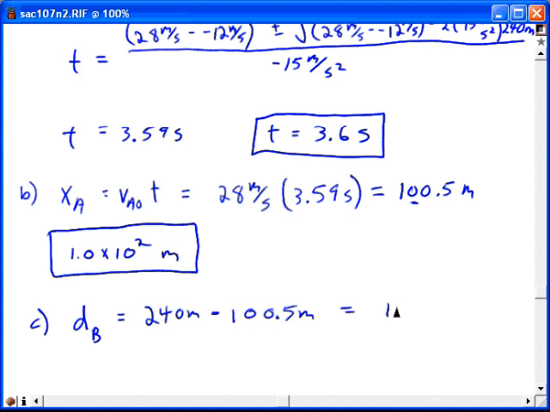I'll call that 140 meters, and to make sure that it's clear that it's good to 2 sig figs. That's how far car B traveled.